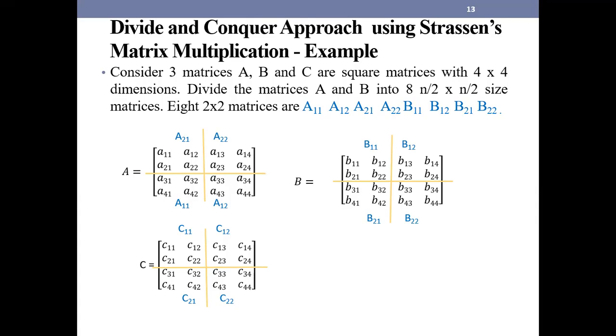This is the input. We are finding the value of matrix C. So now we are going to find the submatrices of C, that is C11, C12, C21 and C22. We are going to find the 4 submatrix values for C using the divide and conquer approach.